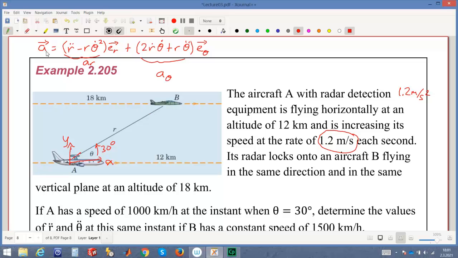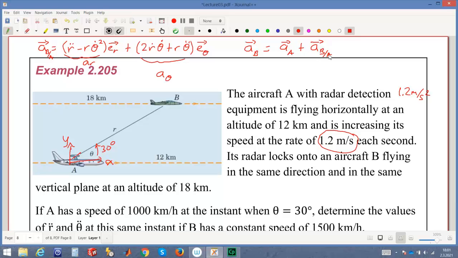Therefore, this acceleration that we are talking about here is acceleration of B with respect to A, or acceleration of plane B as observed by plane A. Therefore, we need to write out our equation for acceleration, and in that case, the absolute acceleration of B would be equal to absolute acceleration of plane A plus the relative acceleration of B with respect to A. Okay, this is our equation at the acceleration level.